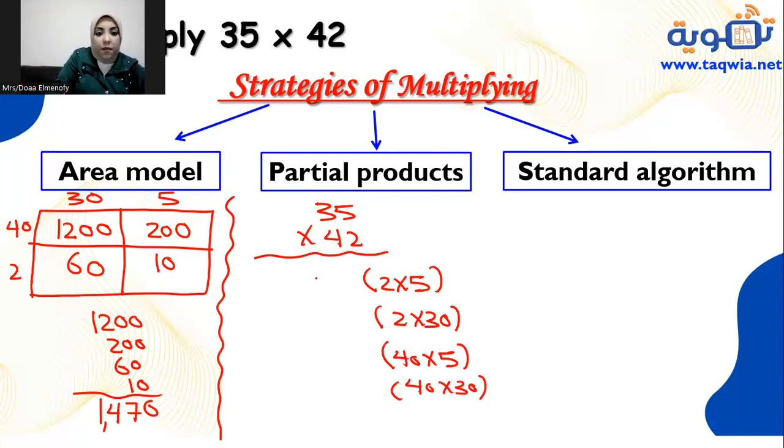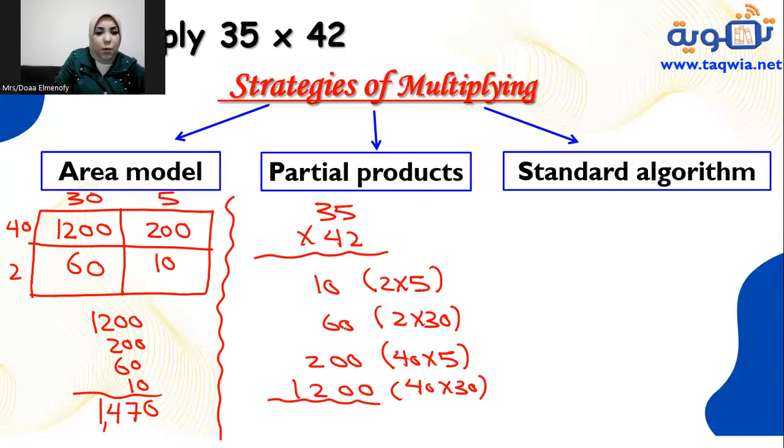Okay, 2 by 5 equals 10. 2 by 30 equals 60. 40 by 5 equals 200. And 40 by 30, we're going to write the two zeros, and 4 by 3 equals 12.